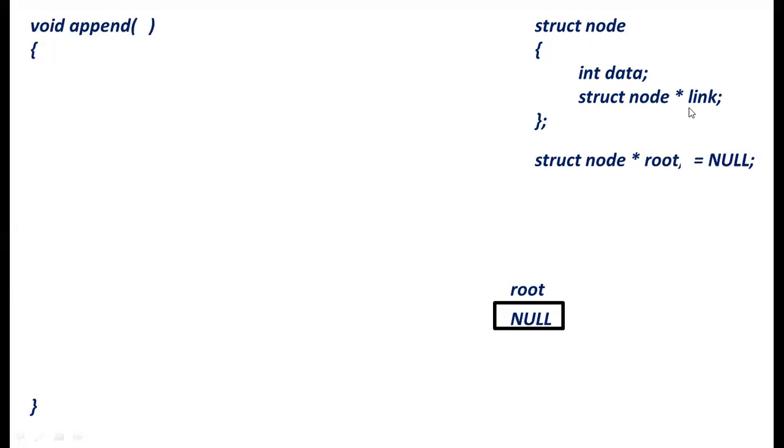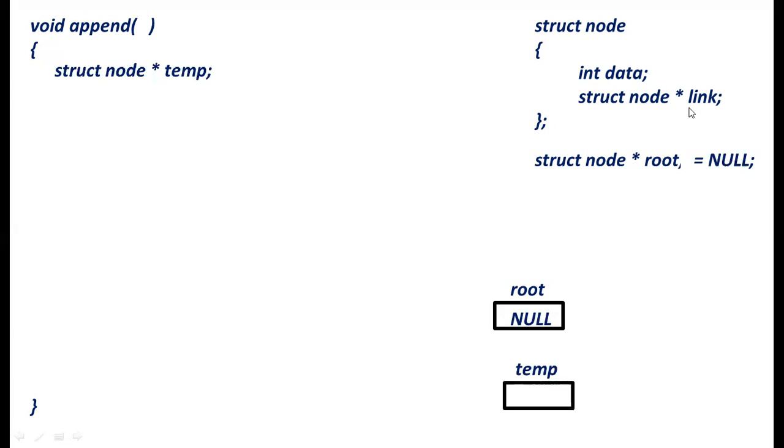Now let us insert the elements into the linked list. Here first we need to create a temporary variable temp, which is a struct node pointer type. So here we create the temp variable. The temp will get some memory allocated at some location.